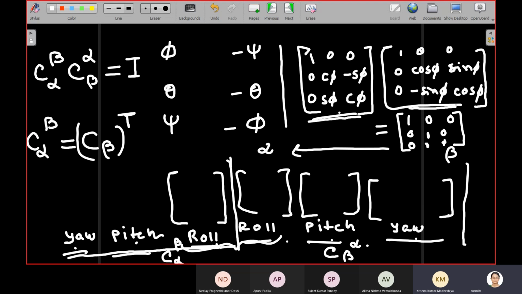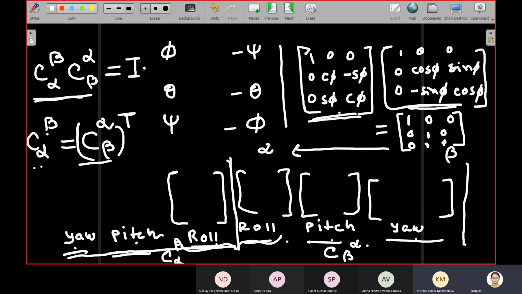Right? So from this, we can say that C alpha to beta is equal to the transpose of C beta to alpha, and the product of these two is equal to identity, correct?